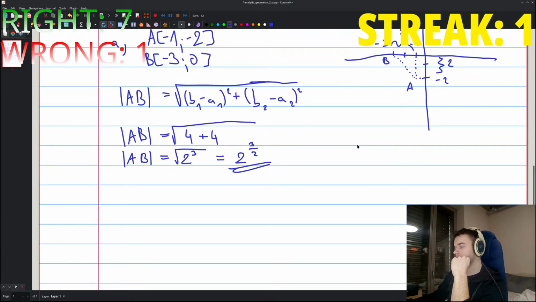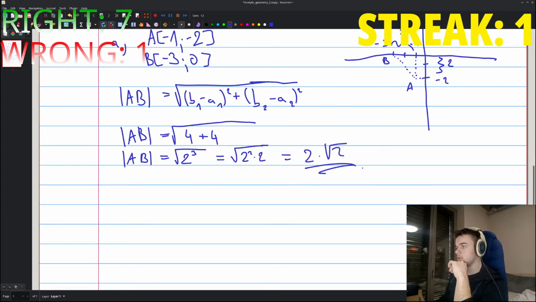Let's do the second one. Well, let's quickly check. Okay, so what they did is actually not this, but the solution stands anyway. They basically did 2 squared times 2, which is equal to 2 times this.